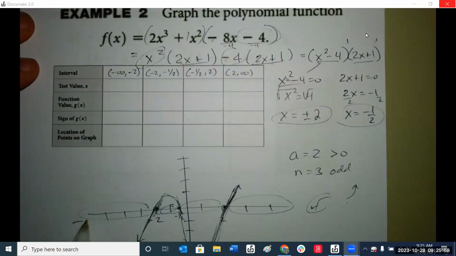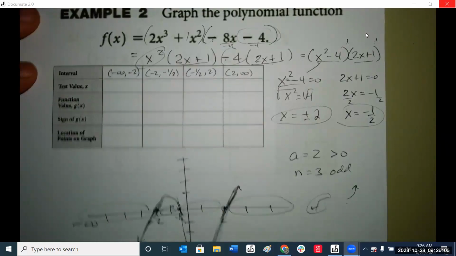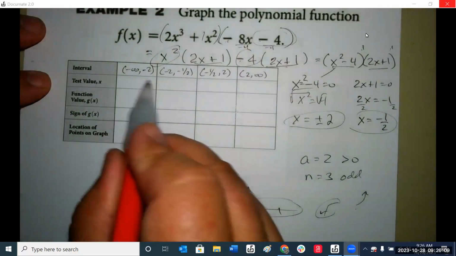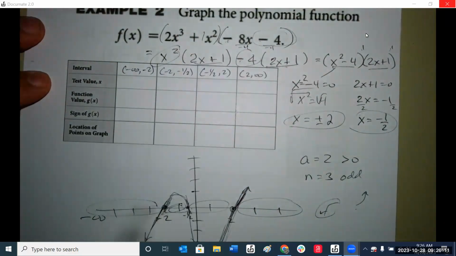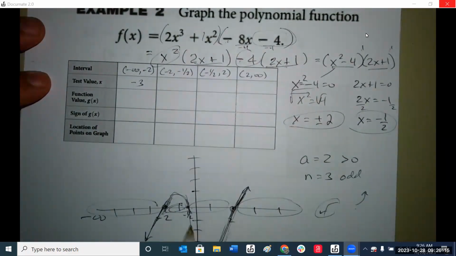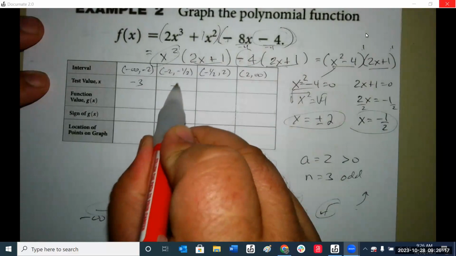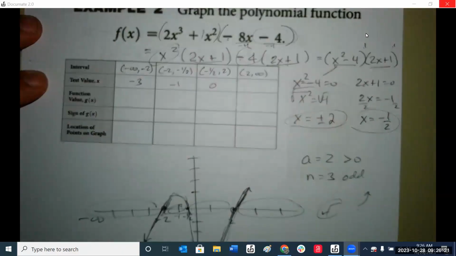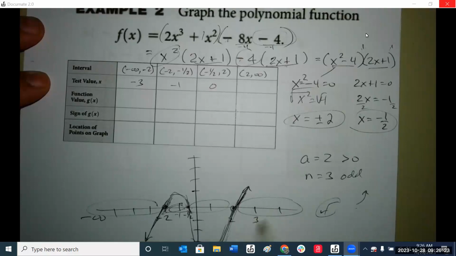So that's what those say. Pick a value in each open domain. So I pick negative 3. I pick negative 1. You can pick 0. And then I pick 3.